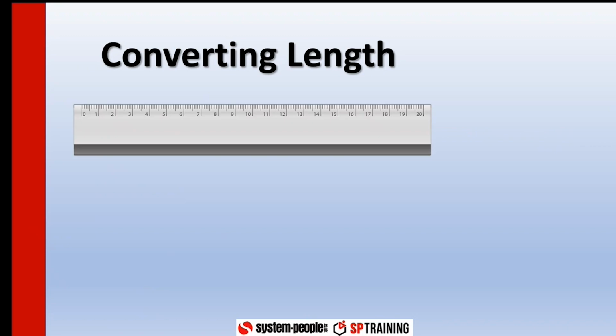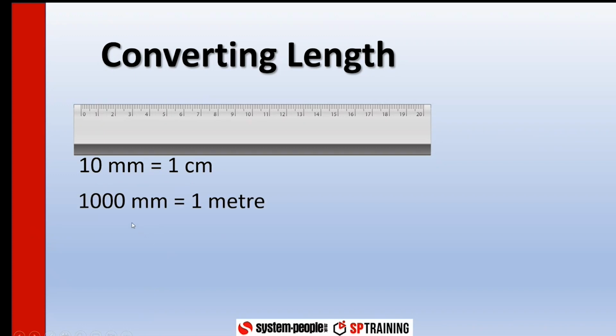And you might remember the centimeter ruler, but 10 millimeters, as we can see here, equals 1 centimeter. So each one of these little marks here is a millimeter, and there's 10 of those in 1 centimeter. There's 1,000 millimeters in 1 meter. The key there is the word milli, meaning thousand.